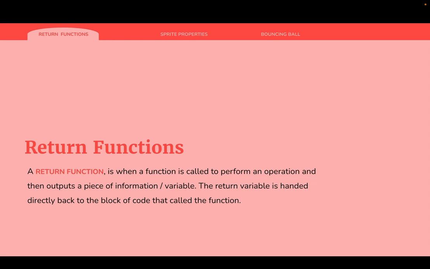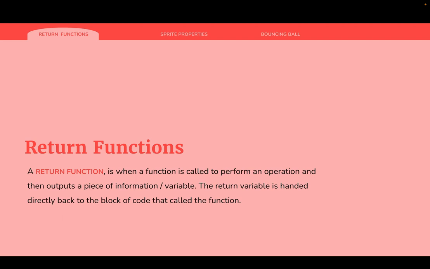But return functions have the added operation of, once their task is complete, outputting or returning some piece of information. We talked about an example last class where you might write a function whose task is to sum two numbers, to add two numbers together.